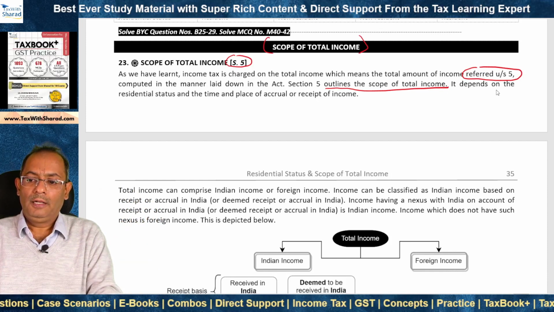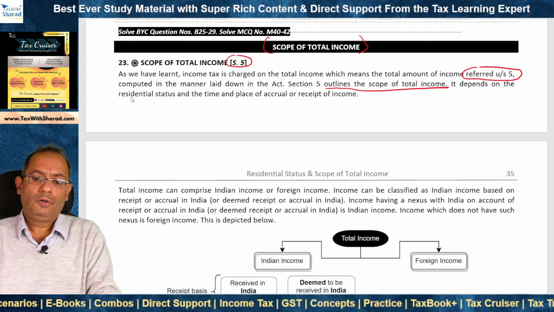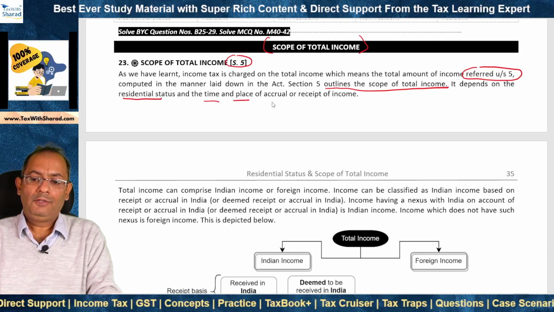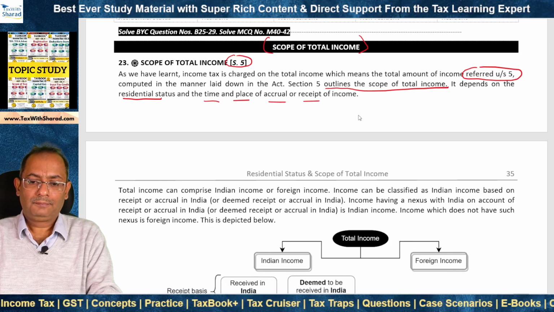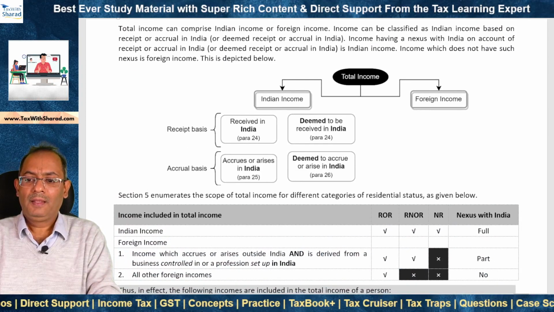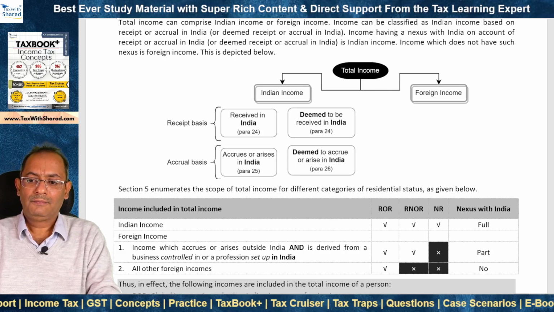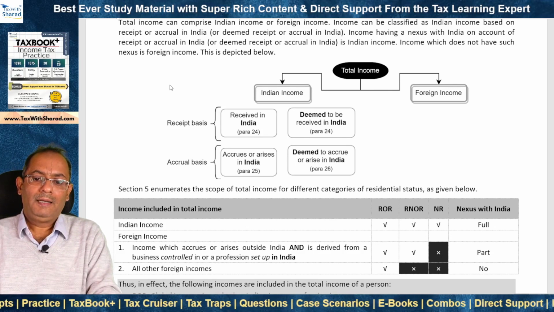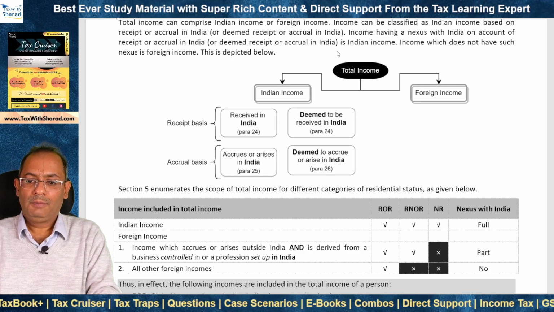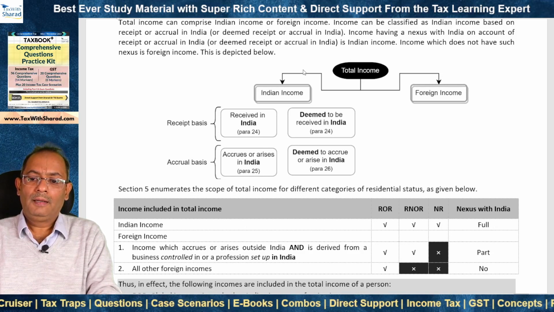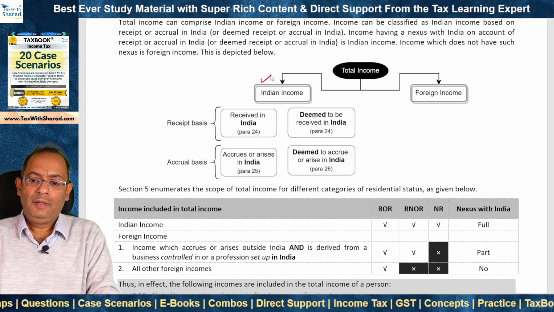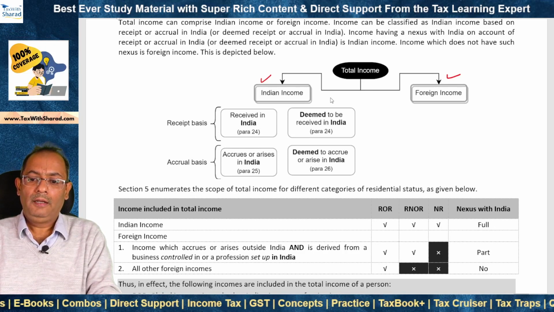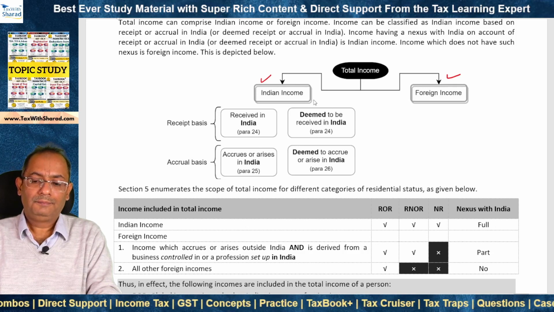Now the scope of total income depends on what? It depends on the residential status and the time and place of accrual or receipt of income. So depending on the time and place and also the residential status, section 5 enumerates the scope of total income. To understand this, let's look at this particular chart. Total income can either be Indian income or foreign income. An income which is not Indian income can be said to be foreign income.